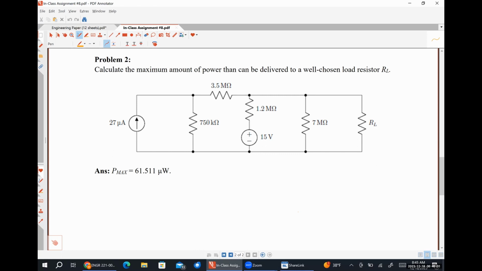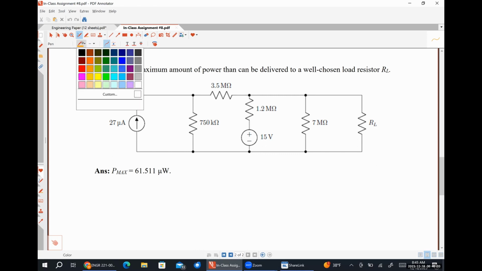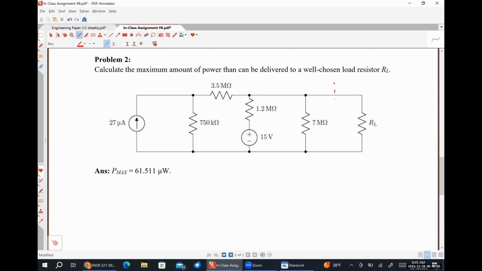So effectively, what I'm asking us to do is to convert everything to the left of that dashed red line into either a practical voltage source or a practical current source. So everything's going to combine down into either a practical voltage source or a practical current source. And once we get it at that point, we can just apply our equation for maximum power transfer.